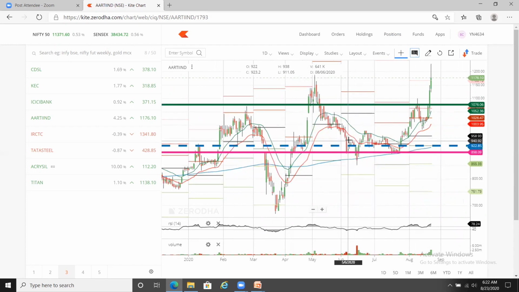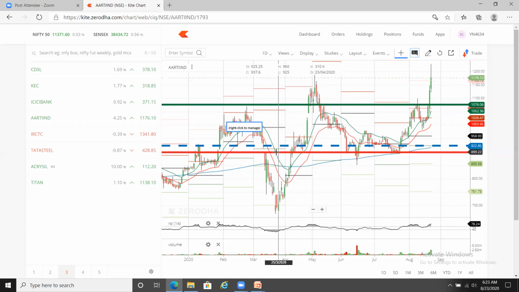If I go back to the previous days, like around 4th of June and 5th of June, the candles formed, and the low of those candles was around these 895 to 900 levels.